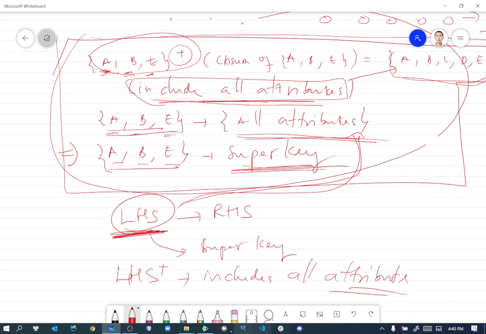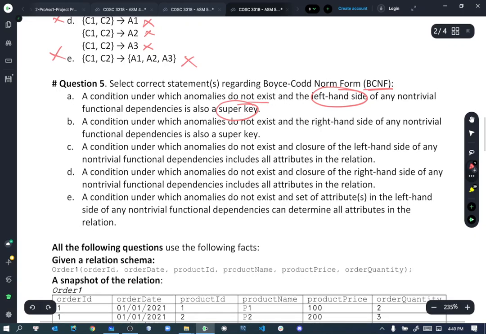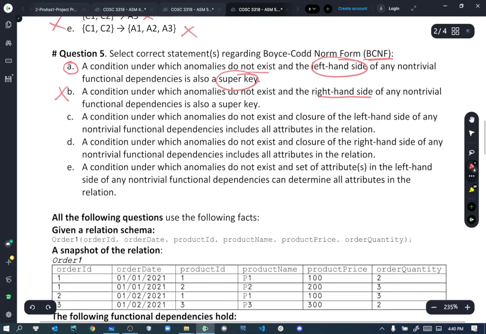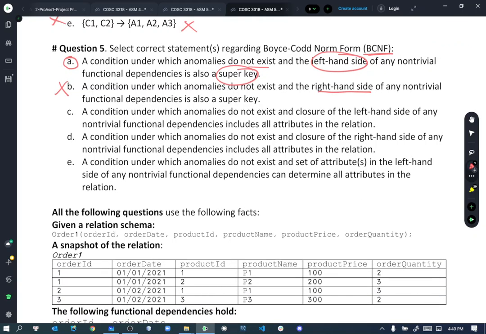So get back to this one. This is the definition, and the next one is not, because it talks about the right-hand side. Then the condition under which anomalies do not exist: the closure of the left-hand side includes all attributes.